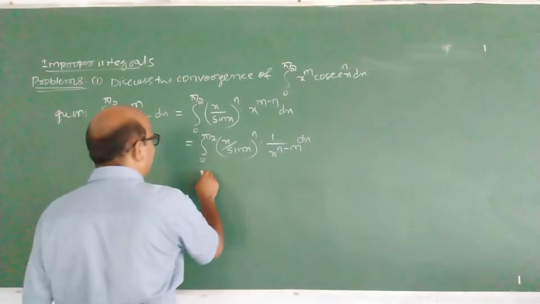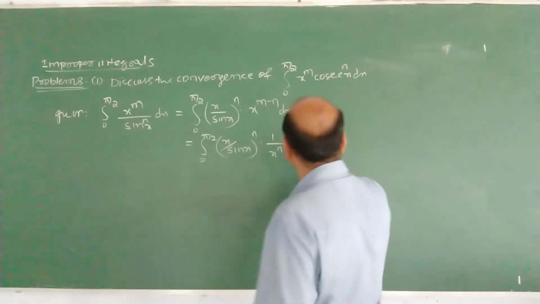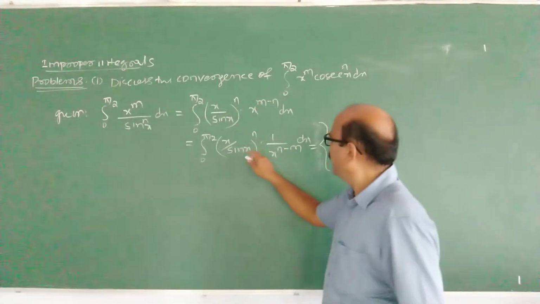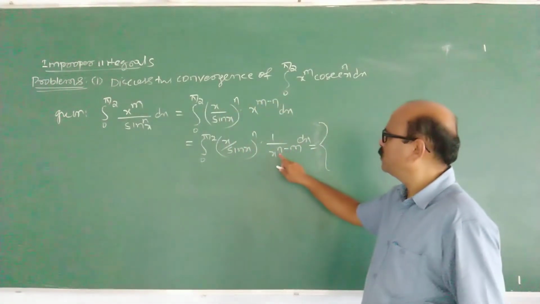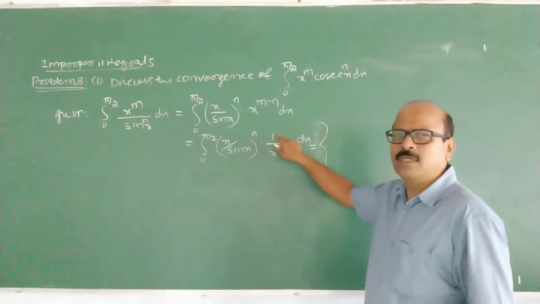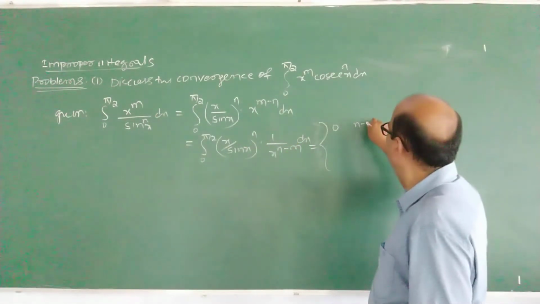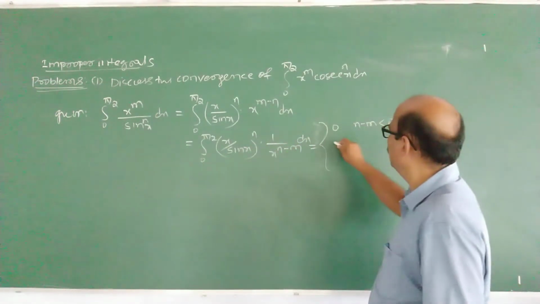Suppose n minus m is negative, then what happens? This goes to numerator and it becomes 0 when n minus m is less than 0.